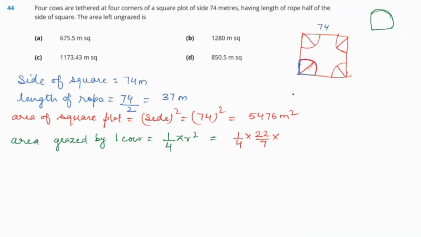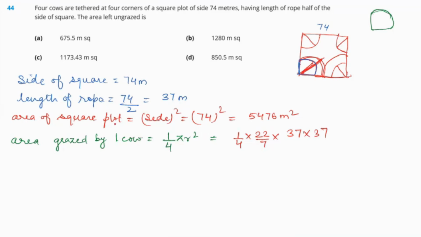For r, since it is half of the side, like this half, this half, they are able to cover this much, so r is 37 times 37.